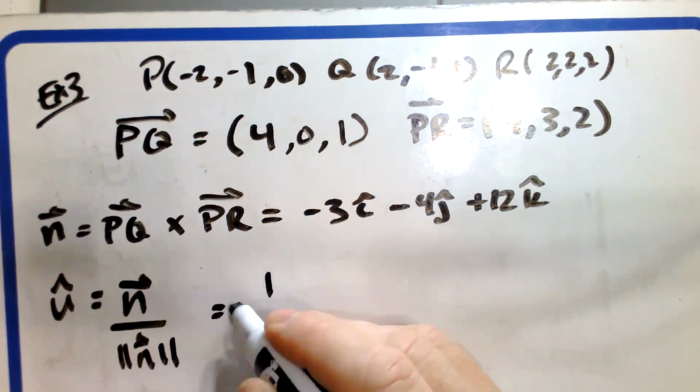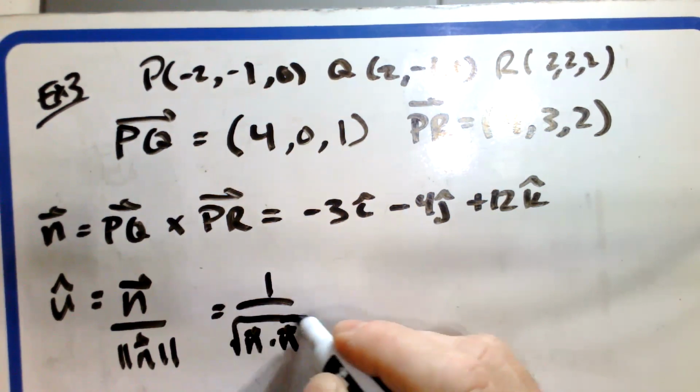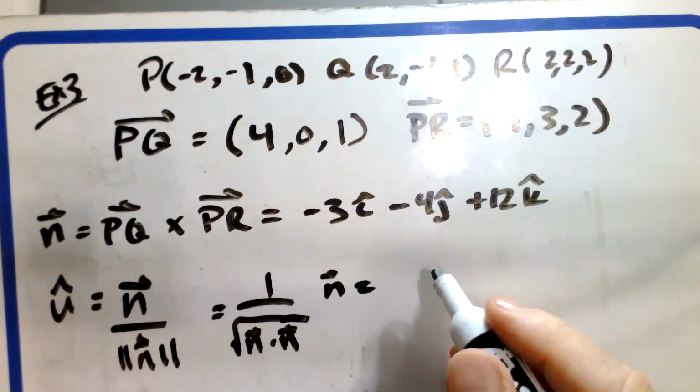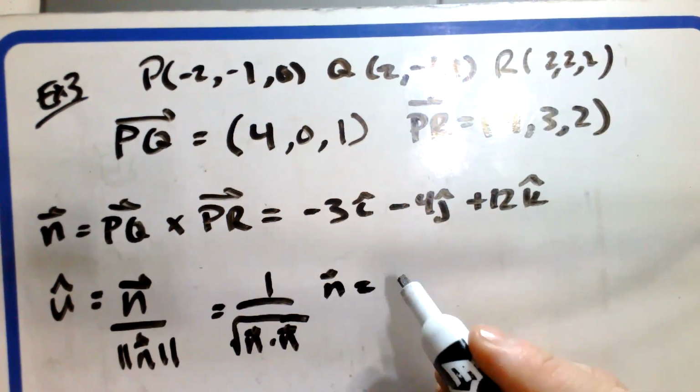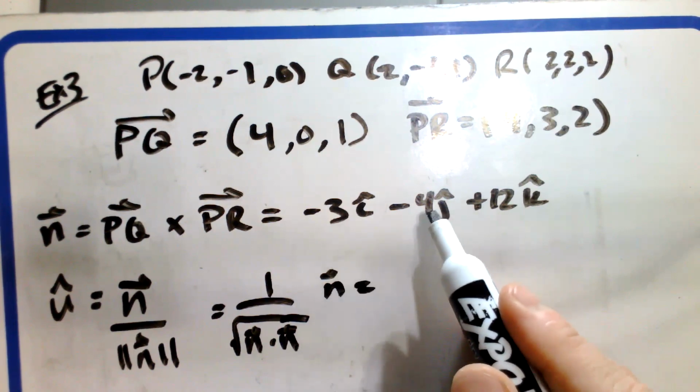So this is going to be 1 over the square root of n dotted with n, times n.